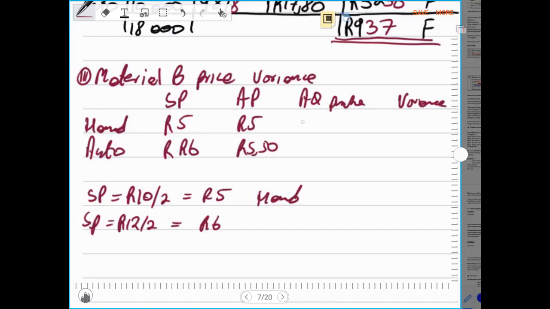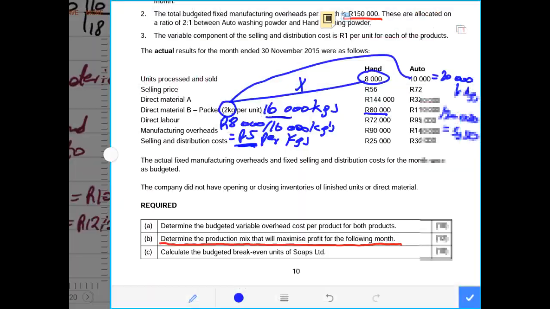Times this by the actual quantities purchased. Actual quantities purchased was 16,000 for hand and for auto the actual quantity of material purchased was 20,000. We just calculated that because we did not know how many kgs were bought, but we know that each unit consumed 2 kgs.